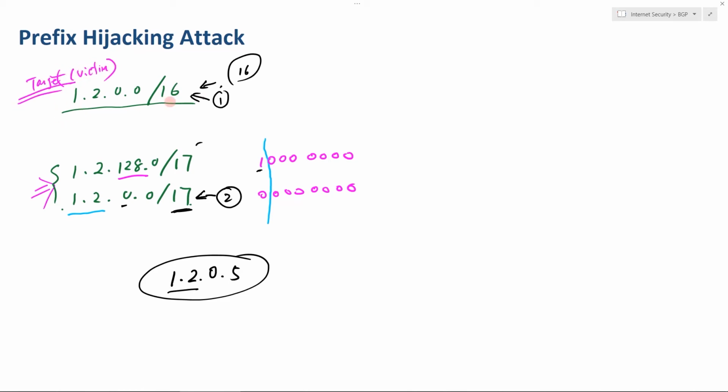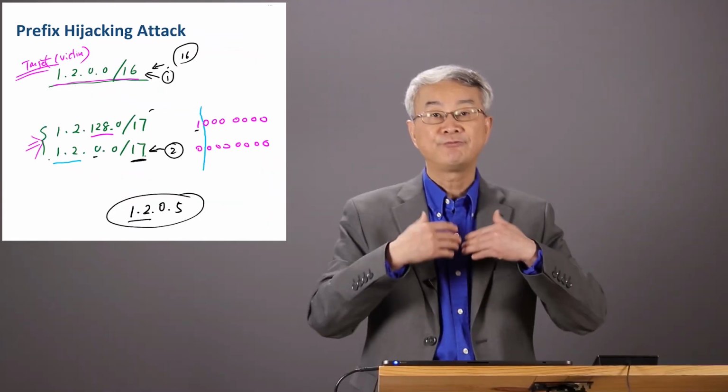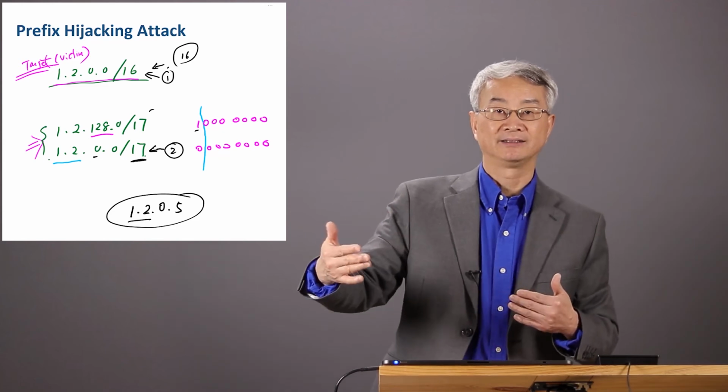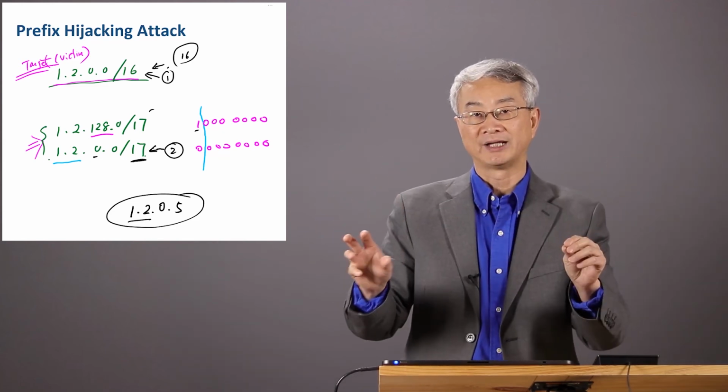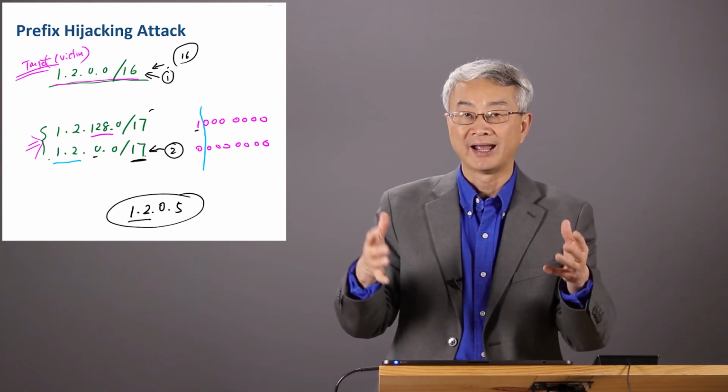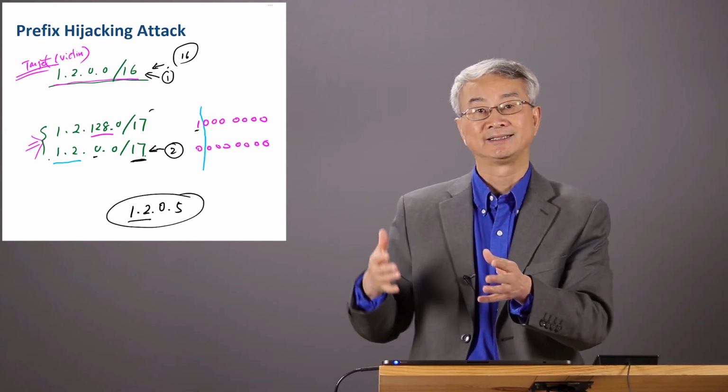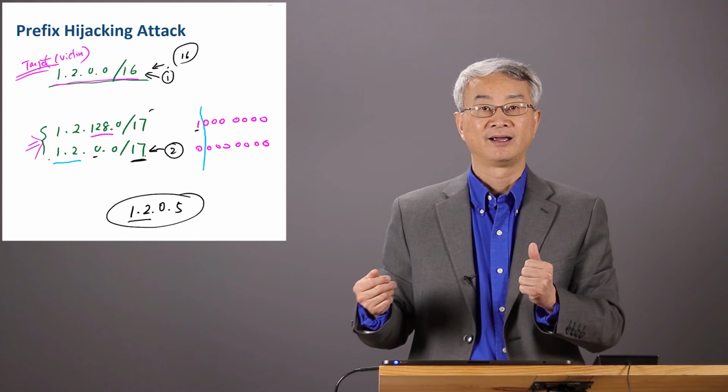The victim has announced this one, but I want to hijack this entire thing. All I need to do is announce these two more specific routes. If my neighbors propagate that throughout the entire world, then every BGP speaker in the world is going to see that, and they're going to set their routing tables.